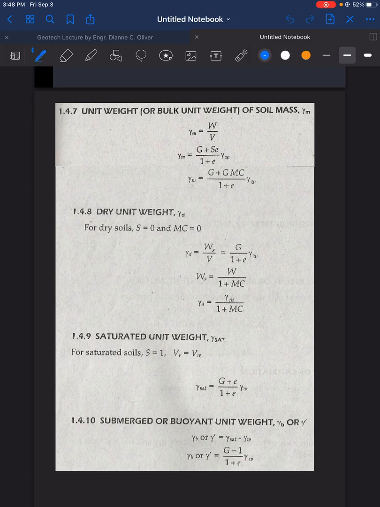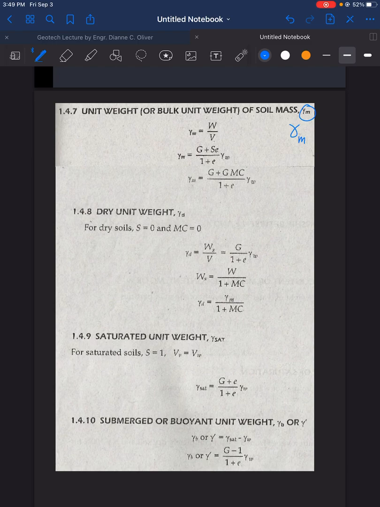We have the unit weight or bulk unit weight of soil mass, that is the gamma M or gamma moist. So what is gamma moist? Gamma moist is the unit weight of a soil in the natural state, or the sample was taken on site, freshly taken from the site.